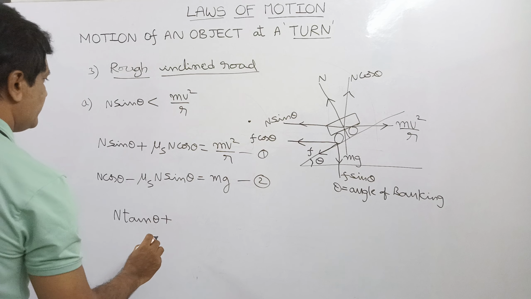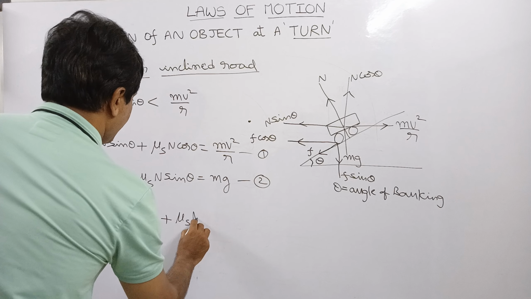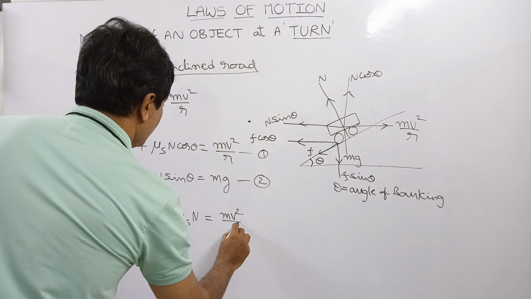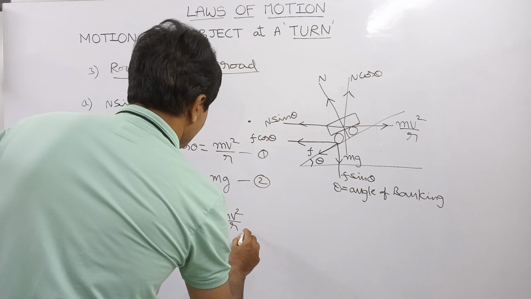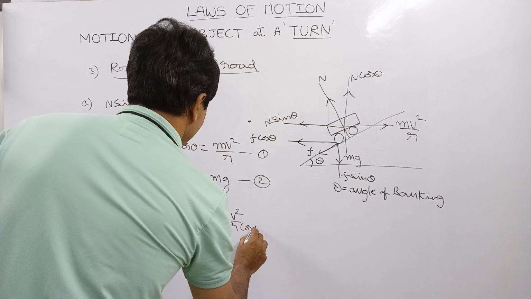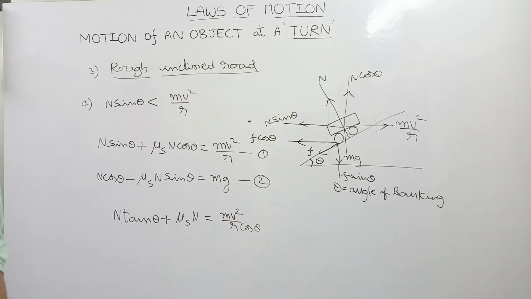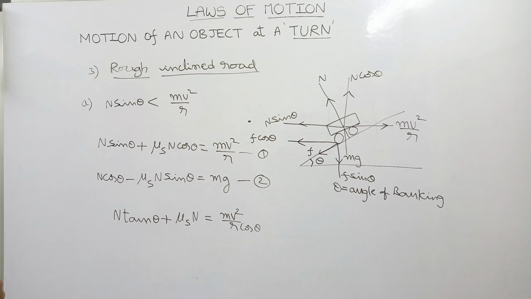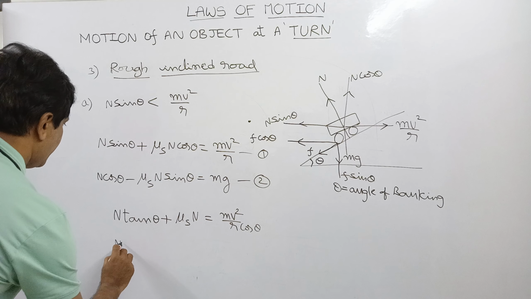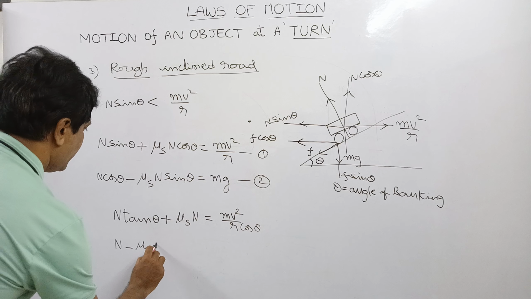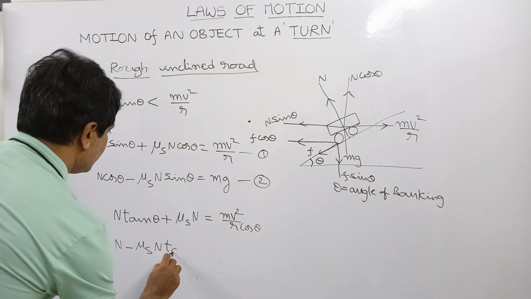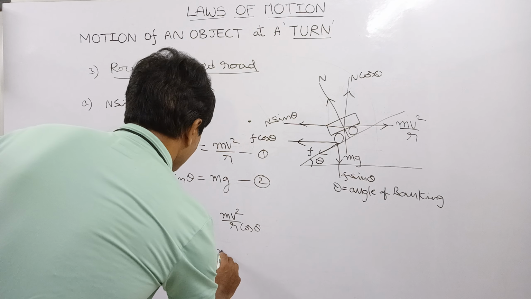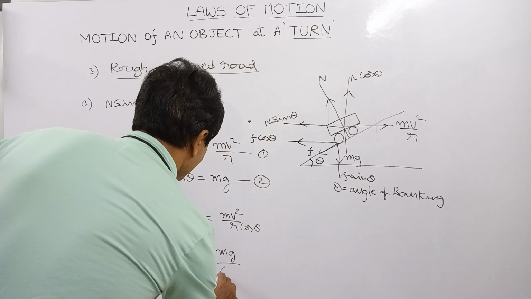This will become n tan theta plus mu s n is equal to mv square by r cos theta. Okay. So again I am dividing this equation with cos theta. Then it becomes n minus mu s n tan theta is equal to mg by cos theta.